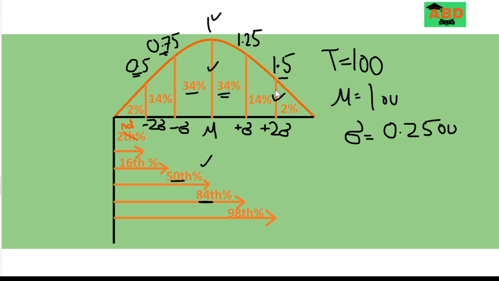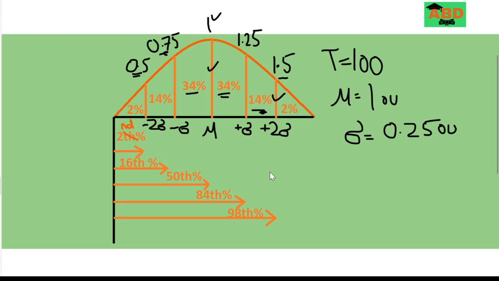And 1.5, add another 14, I get the 98th percentile. So 1.5 is at the 98th, 1.25 is at the 84th, 1 is at the 50th, 0.75 is at the 16th, and 0.5 is at the 2nd.